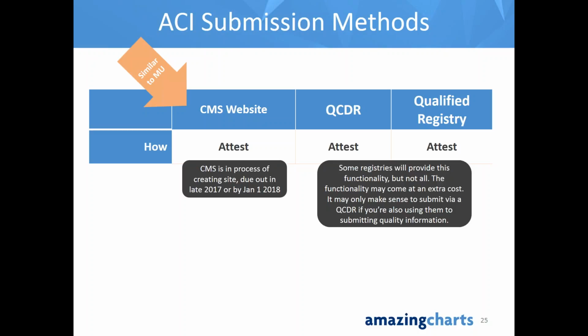Basically, if you're not doing it via billing, you're going to do it through a registry or a QCDR. Those QCDRs are also going to give you the option to select the improvement and ACI activities and allow you to attest on their website alone. So you won't have to go to different places to do this.